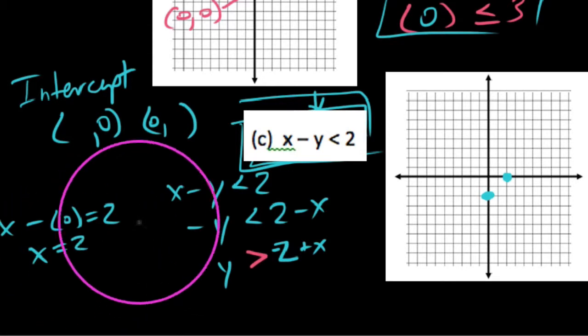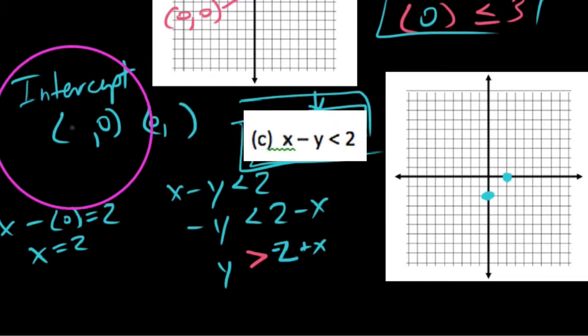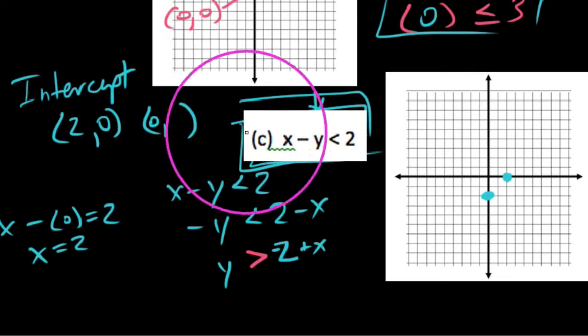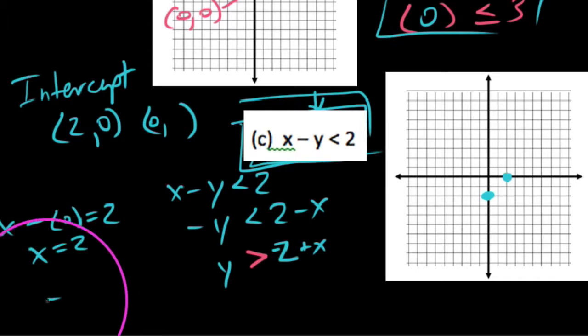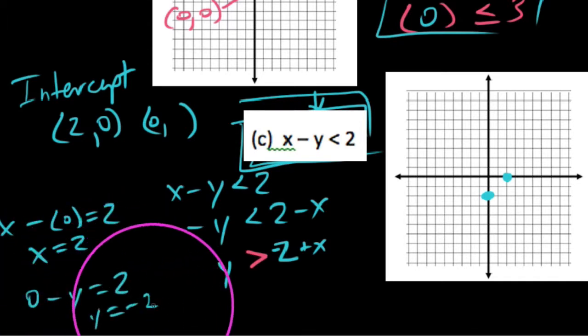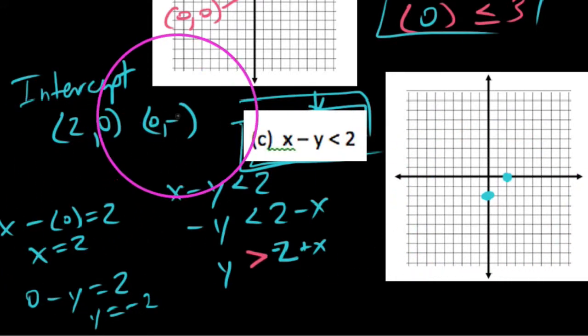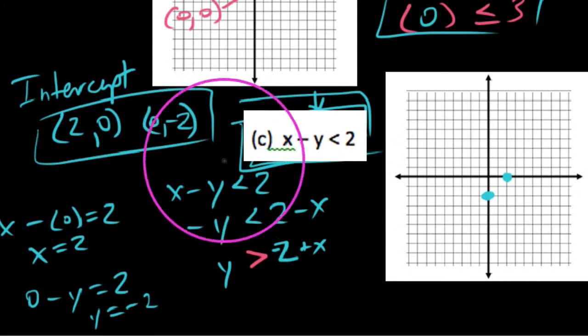So I get x equals 2. And of course, I'd draw a dot at x equals 2 on my x-axis, saying it hits my x-axis at 2. And likewise with my y, we'd say, okay, well, if I plug in a 0 for x, I would get 0 minus y equals 2, so y equals -2, and I draw a dot on -2 on my y-axis. So finding intercepts is actually, in standard form, a lot of the time more convenient.